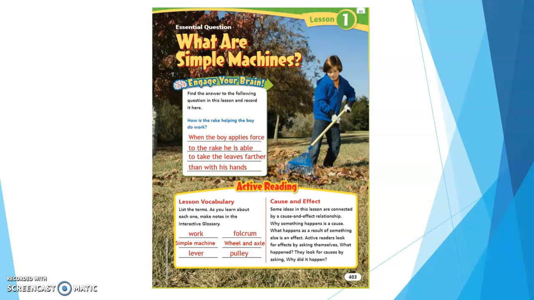Some ideas in this lesson are connected by a cause and effect relationship. Why something happens is a cause. What happens as a result of something else is an effect. Active readers look for effects by asking themselves, what happened? And they look for causes by asking, why did it happen?